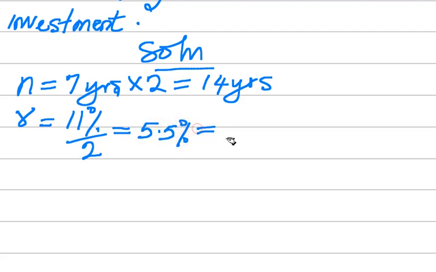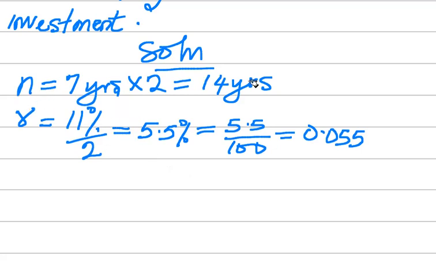And when you divide this by 100, which is 5.5 all over 100, we'll get from the calculator 0.055.